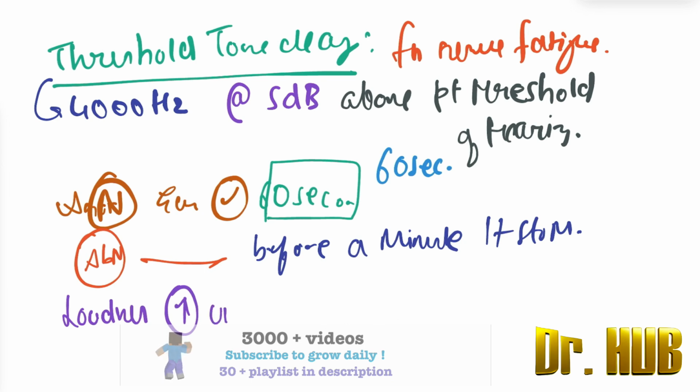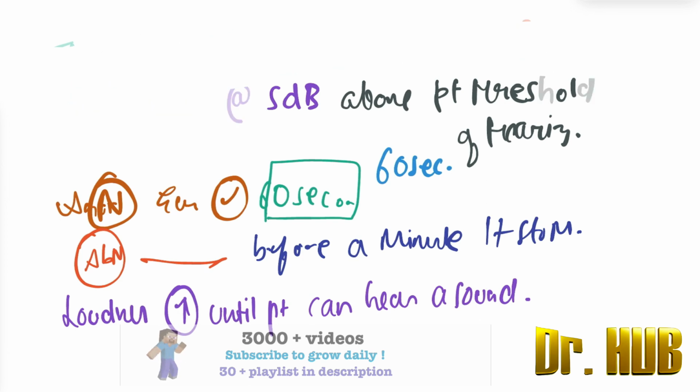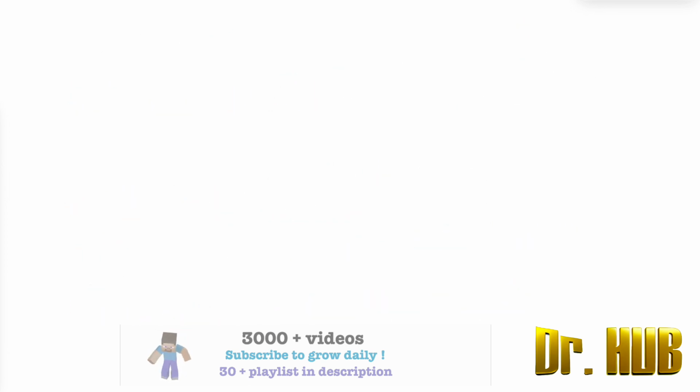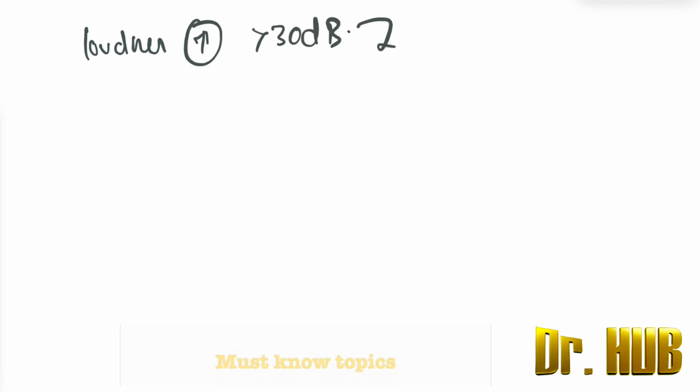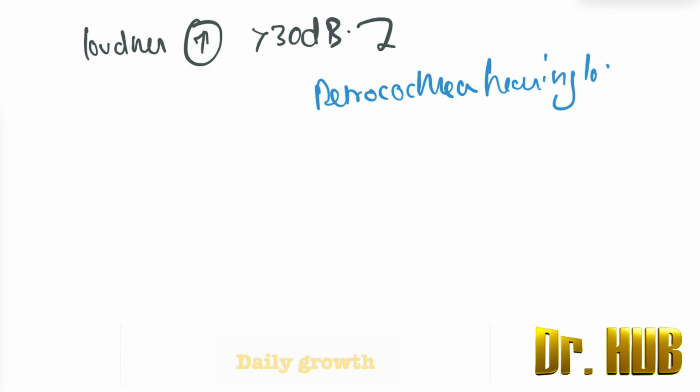If the loudness has to be increased by more than 30 decibels, this indicates retrocochlear hearing loss. So this was about the threshold tone decay.